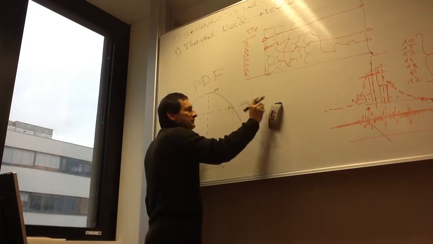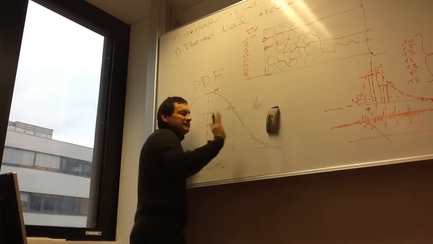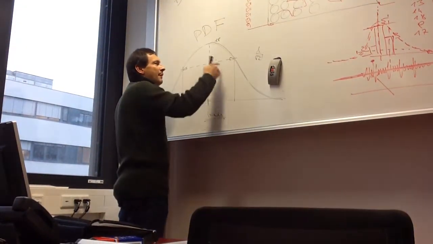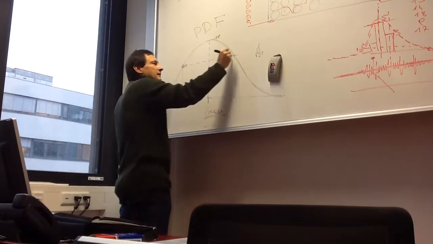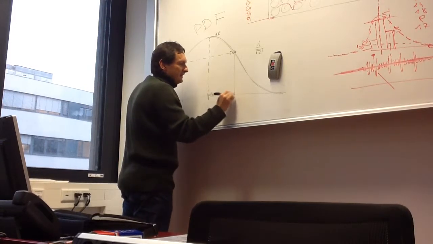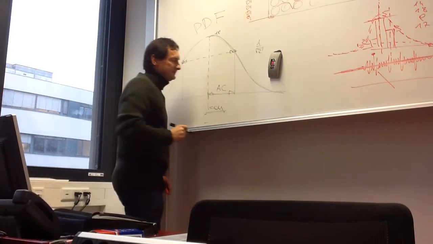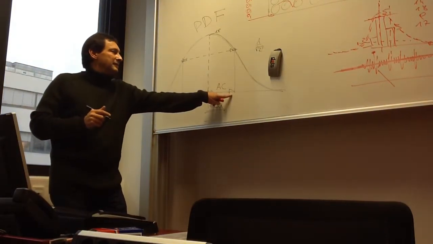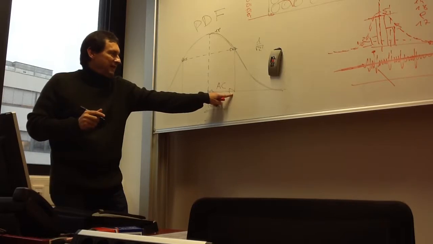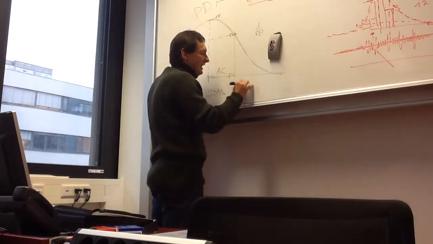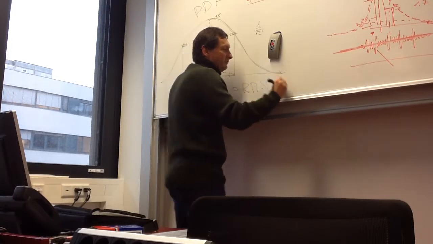It's 1 over square root of 2, I think. And this is 0.71, so it's 71%. It's 1 over square root of 2. And in this distribution, the standard deviation will be exactly the same as the instrument will give you under the AC readings. And this is defined as the RMS value of the noise signal.